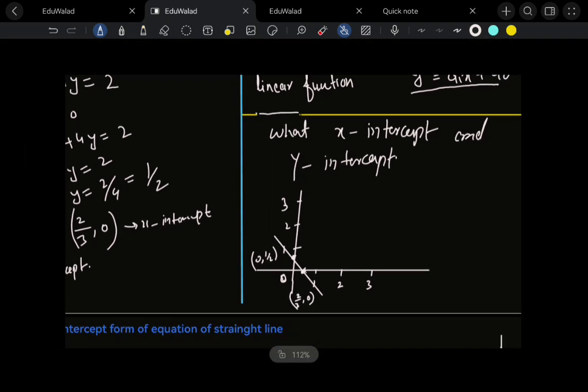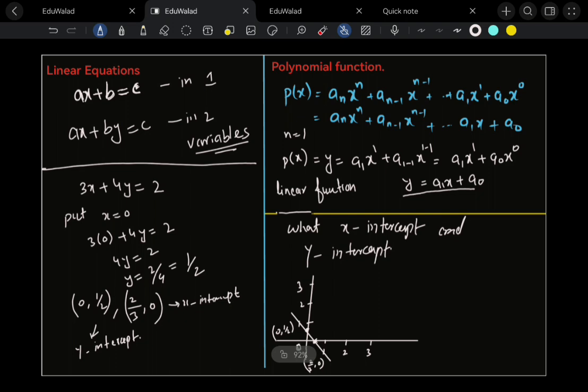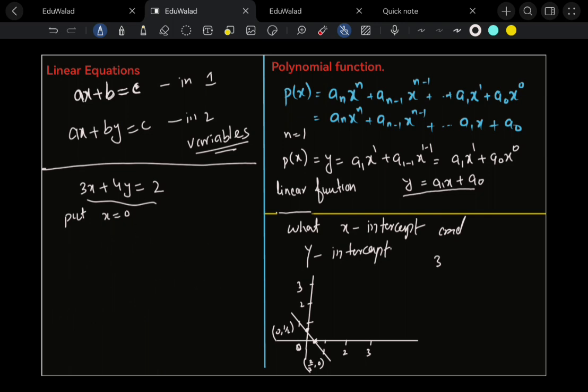If we want to find its slope from this equation, to find slope we have to compare with the standard equation.